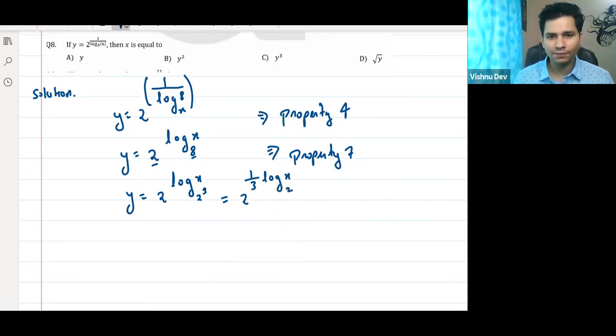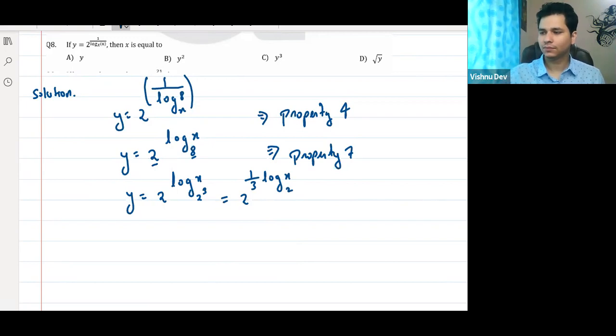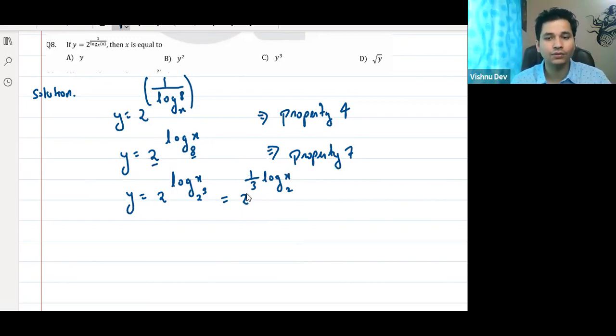Now can I use property 8? No, I cannot use property 8 yet, because 1 by 3 is there. So I have to take 1 by 3 inside.